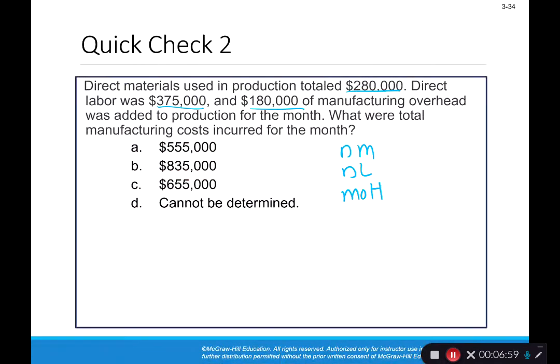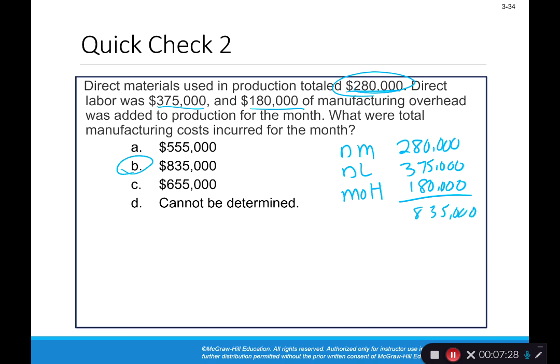That's where they got the direct materials used in production. Again, the raw materials used are assumed to be direct unless you're told otherwise. So we take the direct materials, the direct labor, which is given, and the overhead applied, which is given. Add that together, and that's going to get us our manufacturing cost for the period. 280 plus 375 plus 180 gives me 835,000.